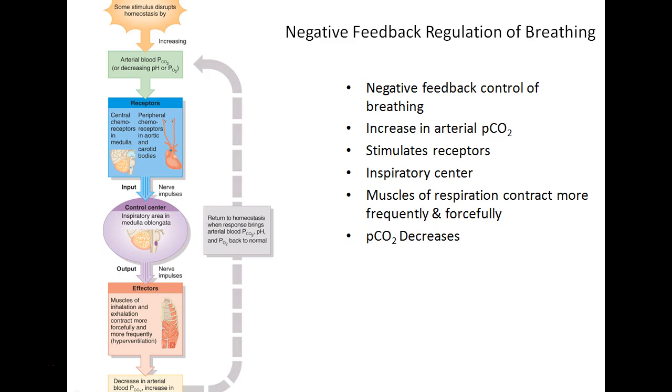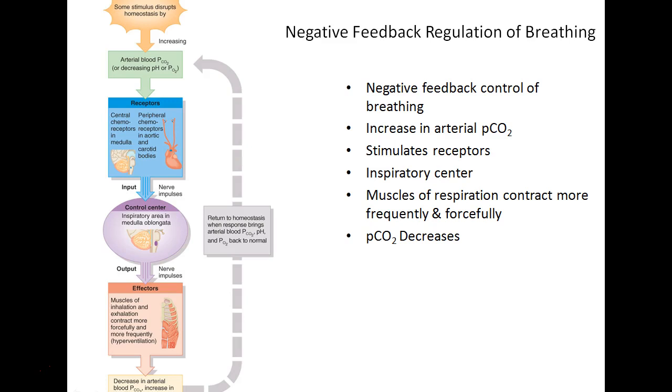So with an increase in the partial pressure of carbon dioxide in the arteries, well, that's going to stimulate receptors, and that's going to be sent to that inspiratory center of the medulla oblongata. Then the muscles of respiration are going to contract more frequently, more forcefully.